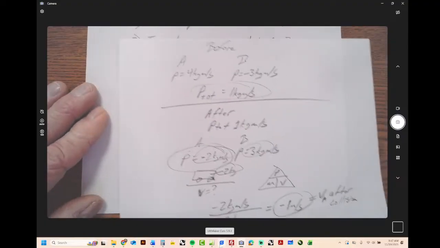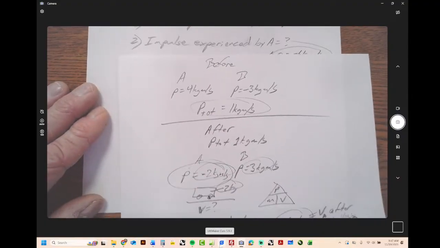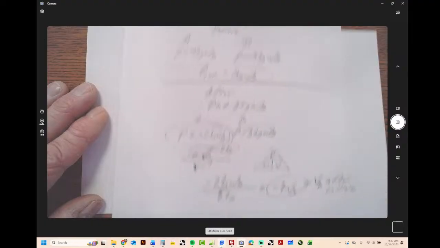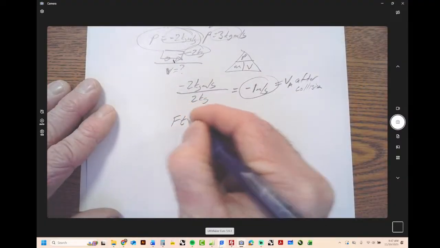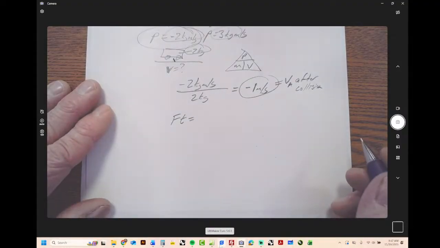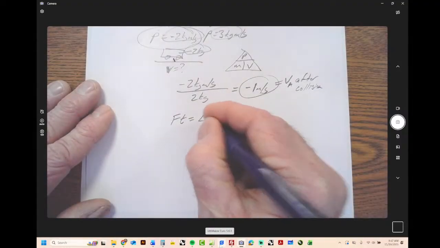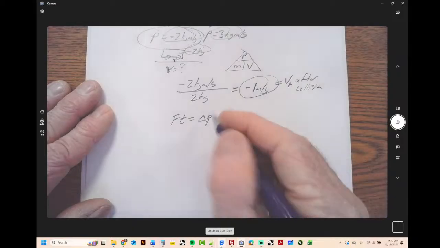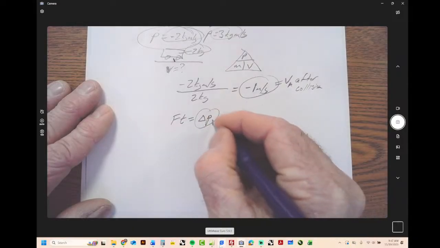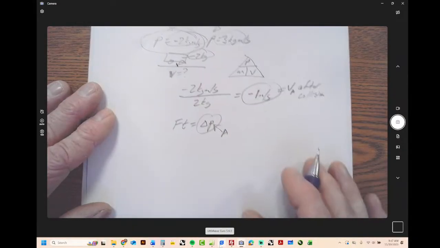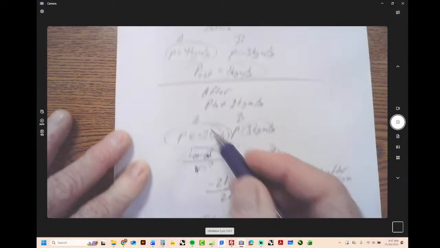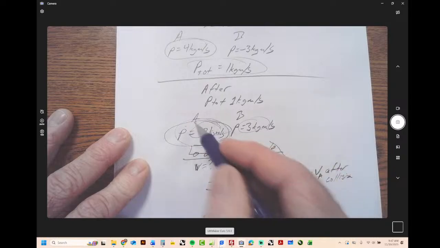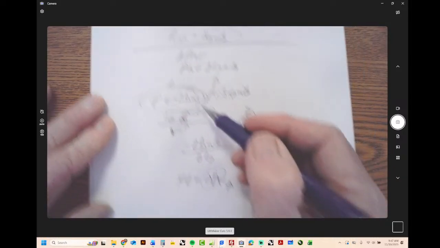And the second question was the impulse experienced by A. So impulse equals what? Change in momentum. So what I've got to find out is the change of momentum for A. A had a momentum of 4 in the beginning, and then it had a momentum of negative 2 in the end.